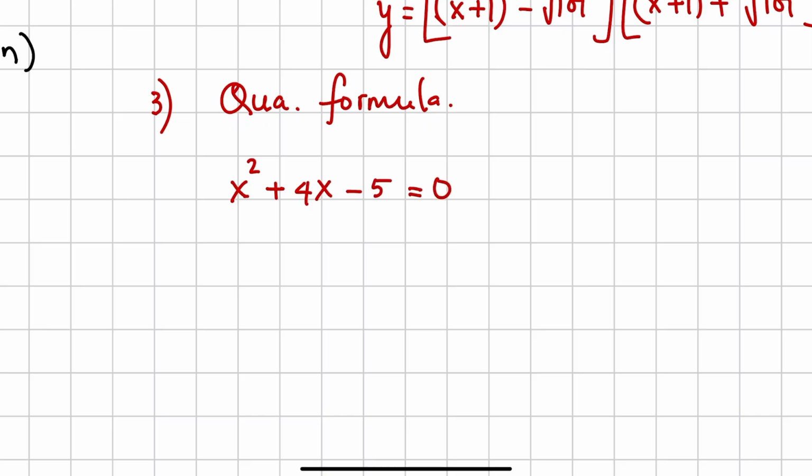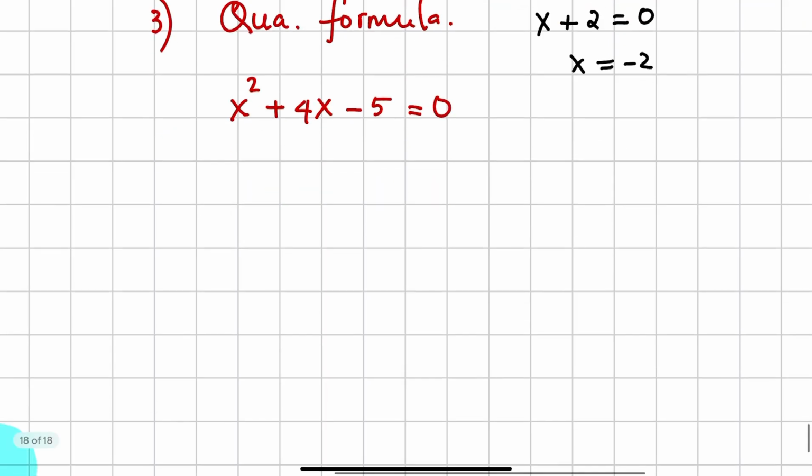You might solve an equation like x plus 2 equal to 0, and then you can just rearrange it and x equals negative 2. But what if there's x squared like this? There are three terms in that: x squared, 4x, and negative 5. What are we going to do with that? In quadratic equations, we can use the quadratic formula, which gives the roots of these equations.